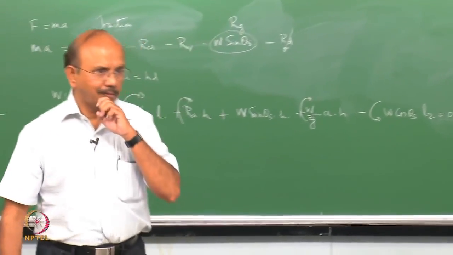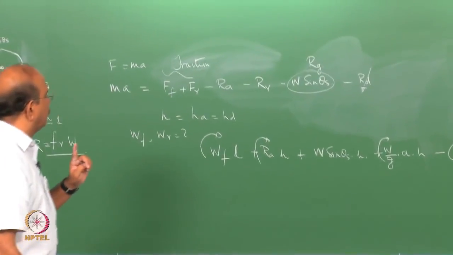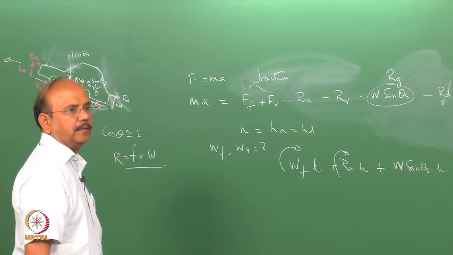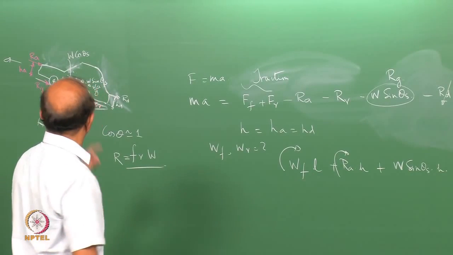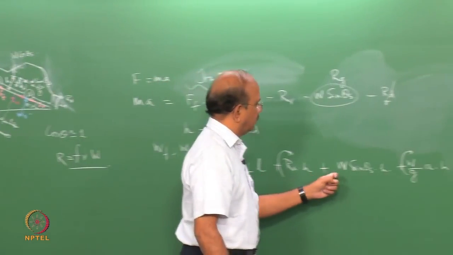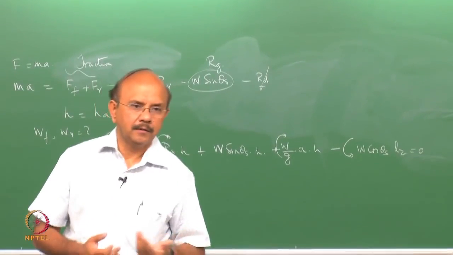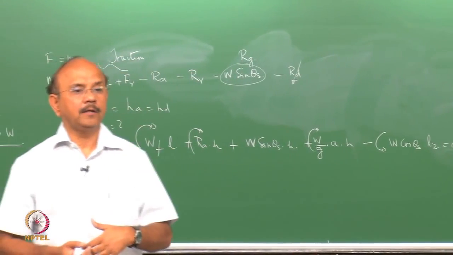Rearrange it, but only a comment which I am going to make and which will be valid for this class and the next class, is that you have to be careful with the sign here. It would vary whether you are going uphill or downhill.